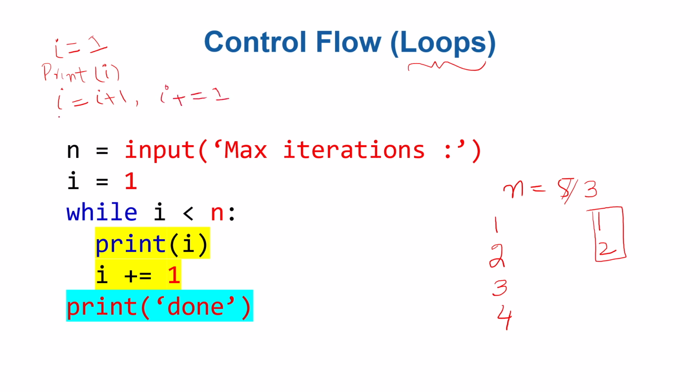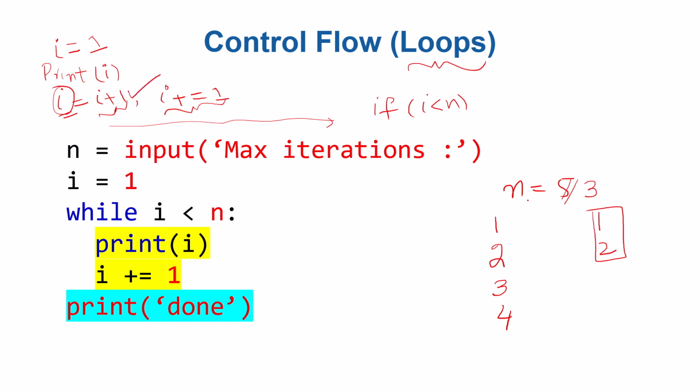That means in I store I plus 1. This is the short form of writing this. And then after that you just apply an if condition: if I is smaller than n, you keep on printing, and after printing you increment again, then check the if condition and keep on moving.